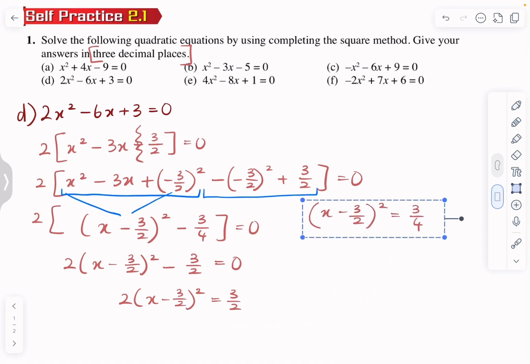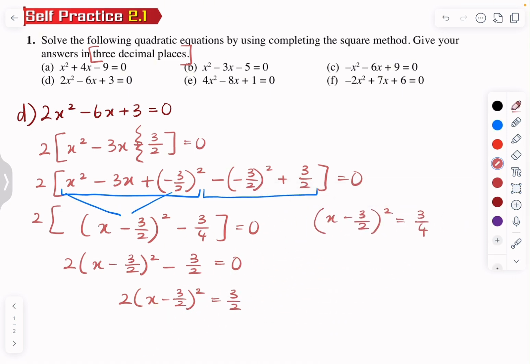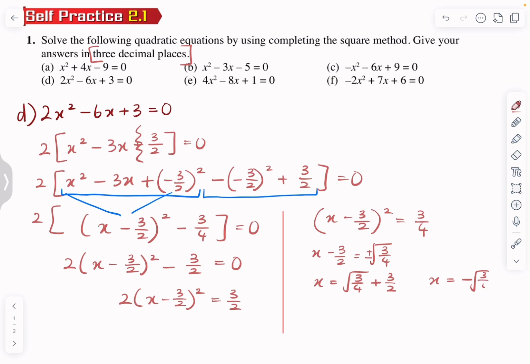Bring this up here. So x minus 3 over 2 is the square root of 3 over 4 plus minus. Therefore, x is positive square root of 3 over 4 plus 3 over 2. And x is negative square root of 3 over 4 plus 3 over 2.